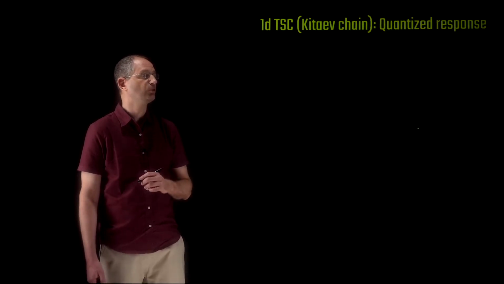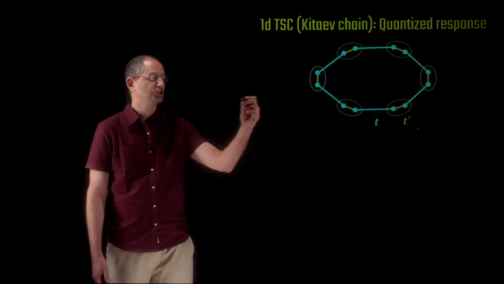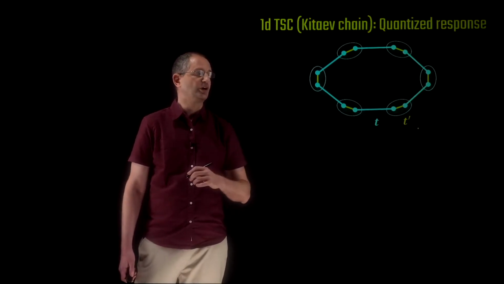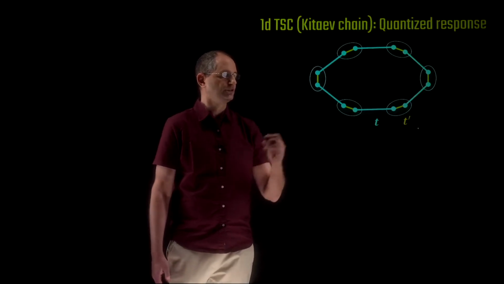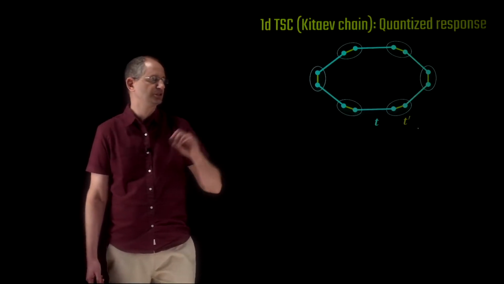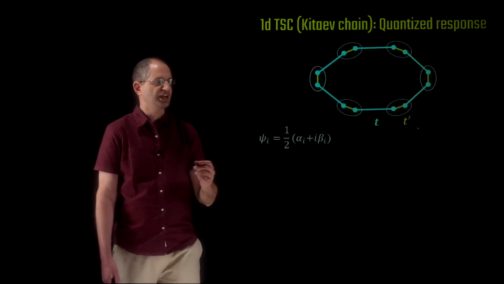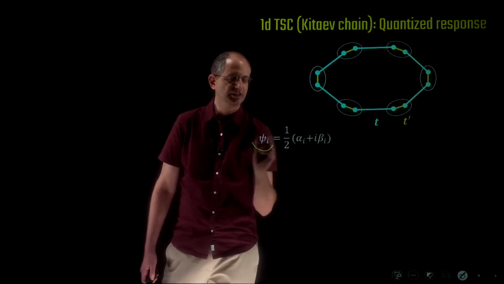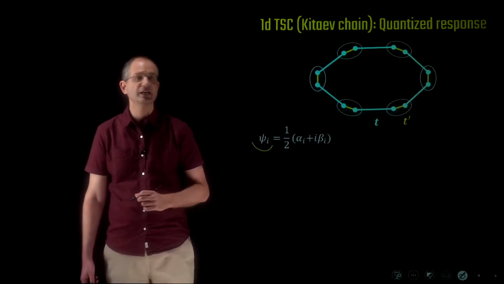Okay, so just as a quick reminder, we're thinking about a one-dimensional chain of electronic sites. There's a Bogoliubov-de Gennes Hamiltonian which describes this system. On every site we have one electronic state which corresponds to the operators psi_i and psi_i dagger.